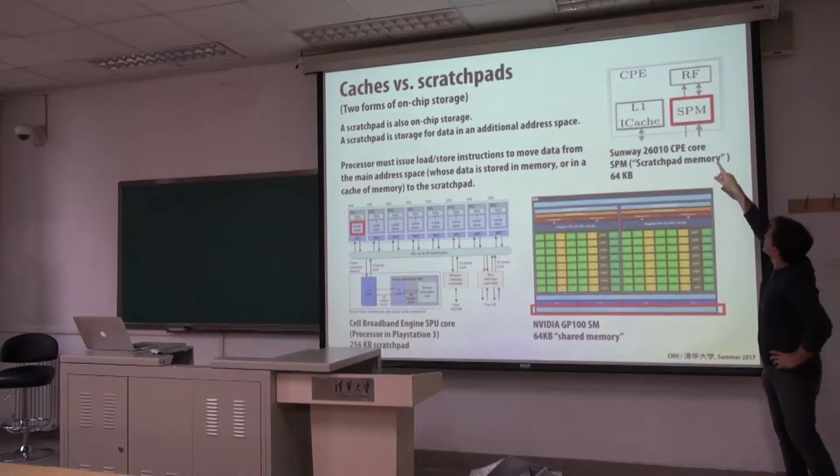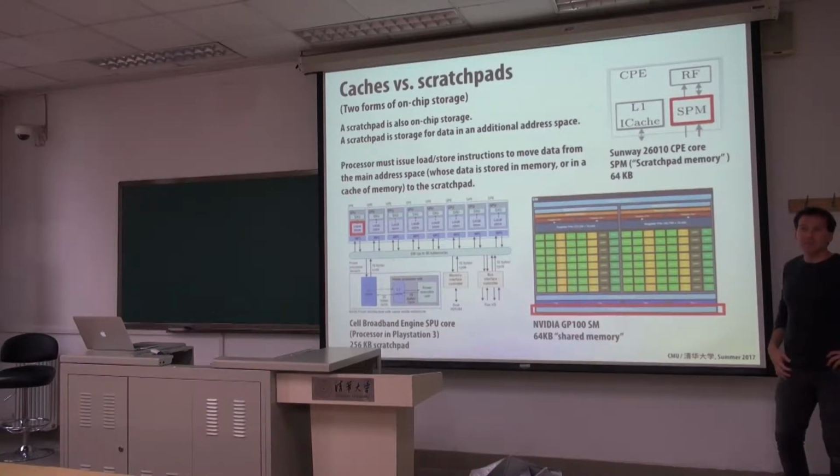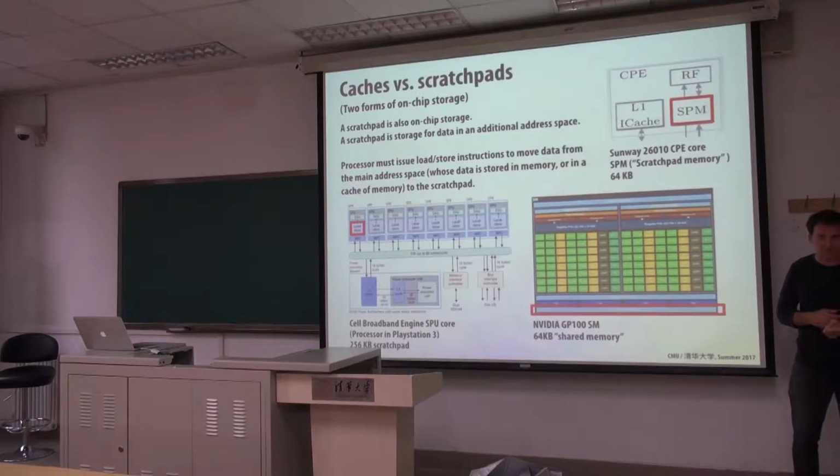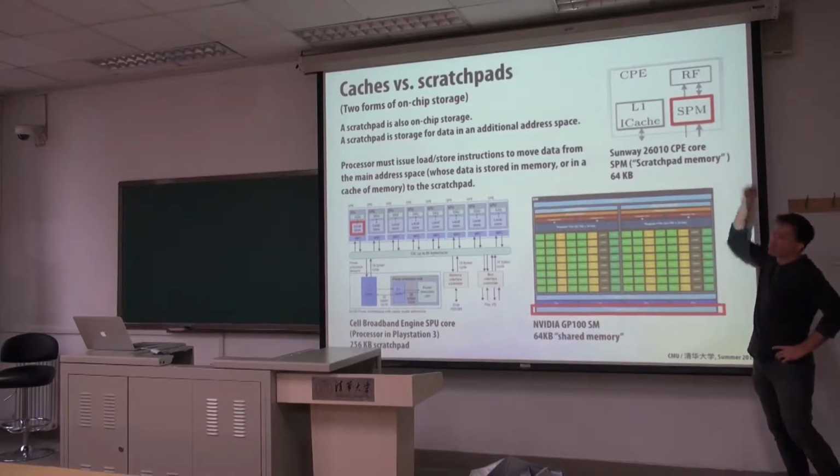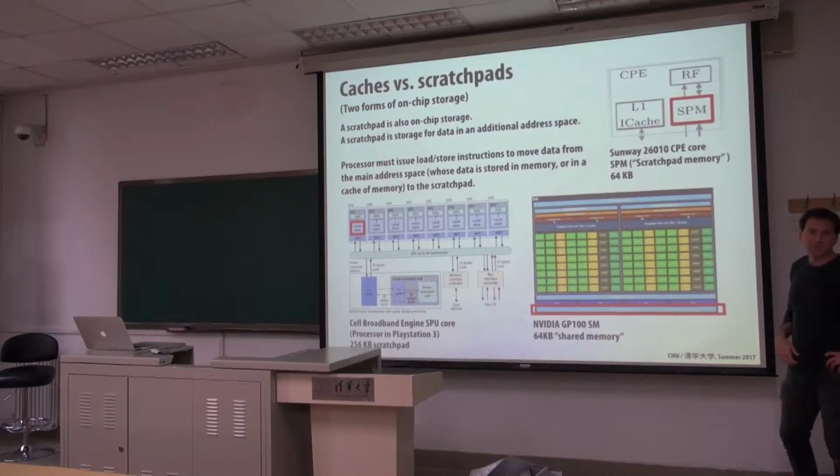It only has this thing called SPM, and SPM stands for Scratchpad Memory. If you program the Sunway processor, you will issue an instruction which says, load data from main memory into the Scratchpad. And then all of your adds and multiplies and code will run on data that's stored in the Scratchpad memory.